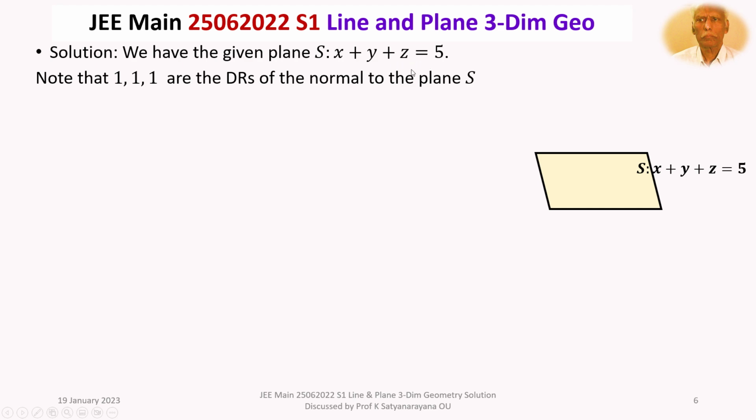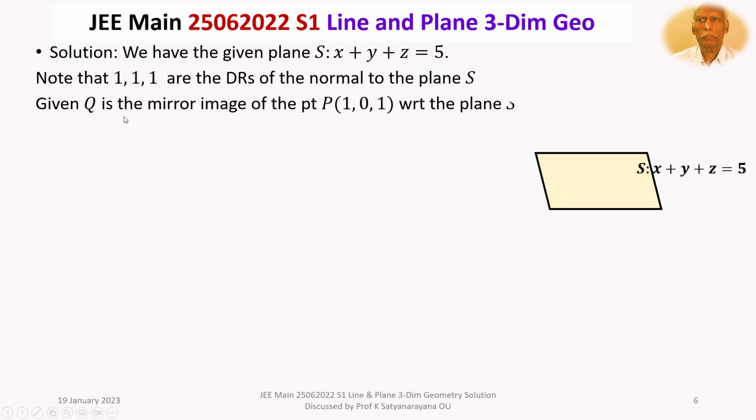They are direction ratios of the normal to the plane. So in this case, x plus y plus z is equal to 5. The coefficients of x, y, z are 1, 1, 1. So they are the direction ratios of the normal to this plane S.